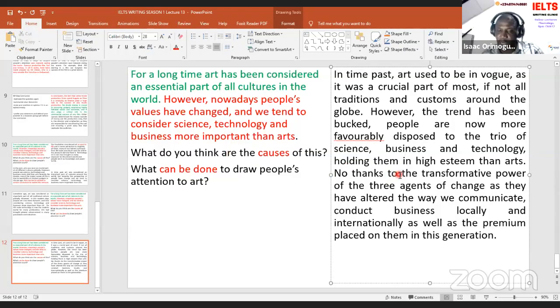Most of us are used to "no thanks to". It is not something new. The transformative power, because this is, I could have used "this is because", but it is a cause and effect. I said no thanks to the transformative power of the three agents of change, as they have altered the way we communicate, conduct businesses locally and internationally, as well as the premium placed on them in this generation.